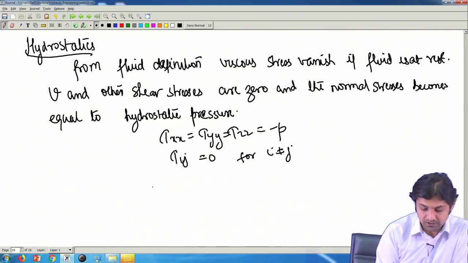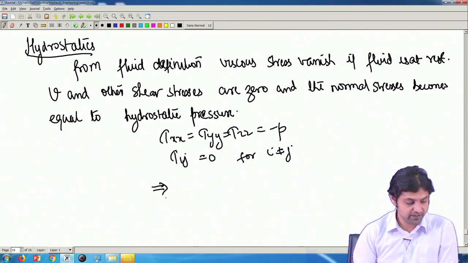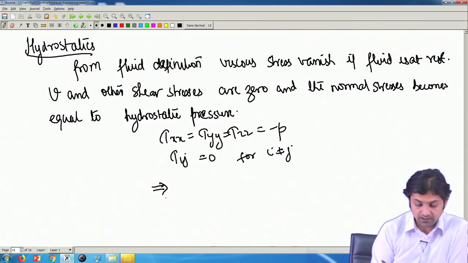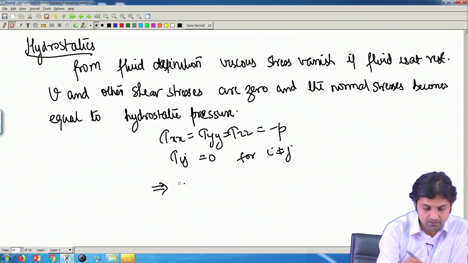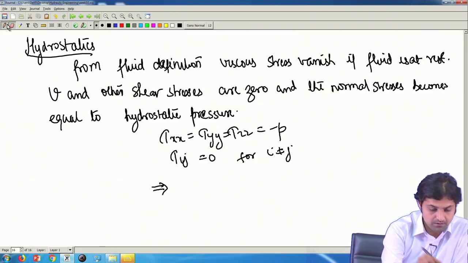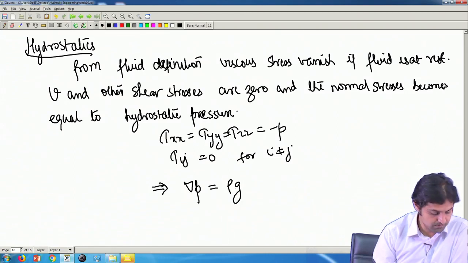So this implies, if we put it in the equation number 9 that we have obtained, we get gradient of P equal to rho g. All right.